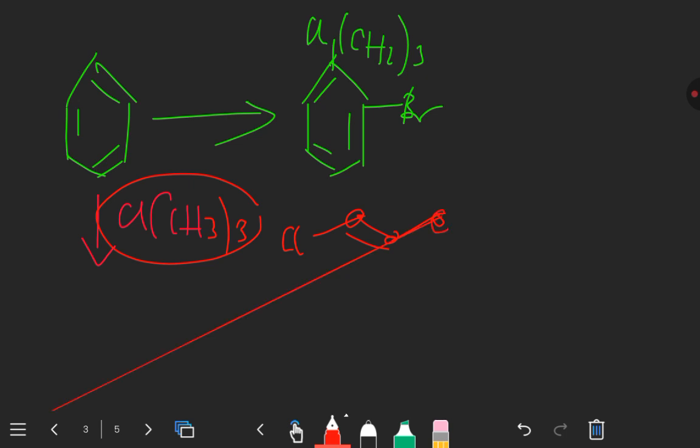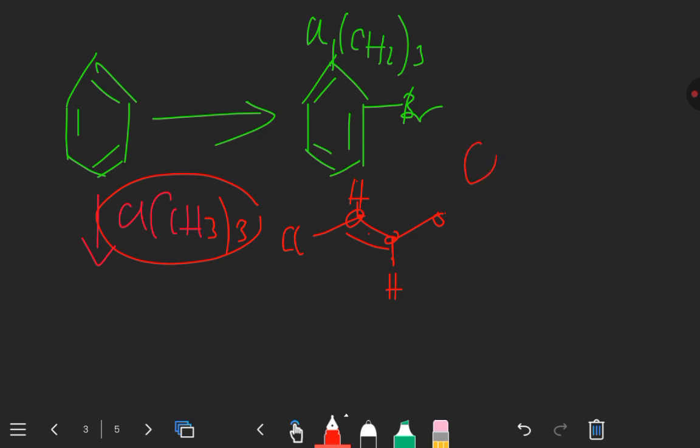If you count here, there are 3, plus this hydrogen there. So there's 1 hydrogen here. Then there is another hydrogen there. So how many hydrogens so far? So 3 hydrogen here, then 4, then 5 hydrogen.